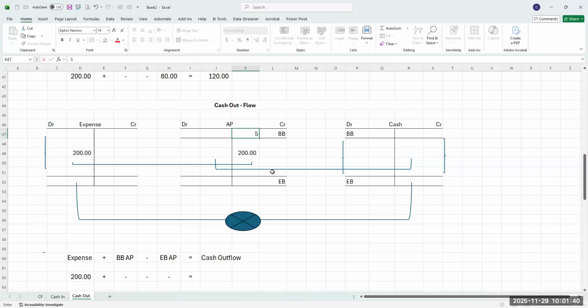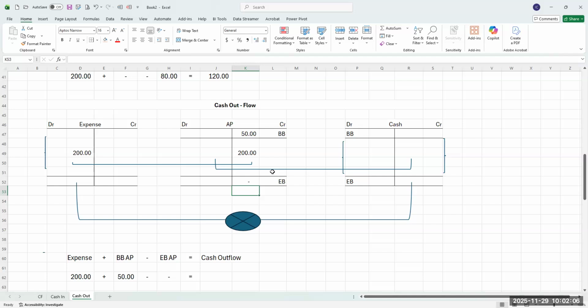No, let's put it $50. And my ending balance is 0. How much cash did I pay? 250. You have to answer right away.